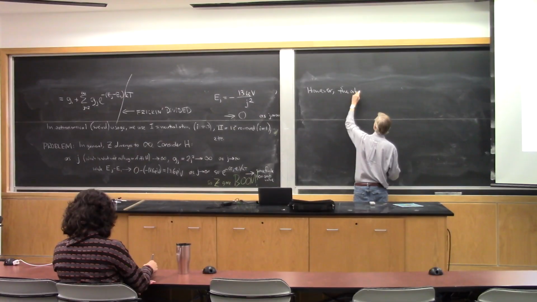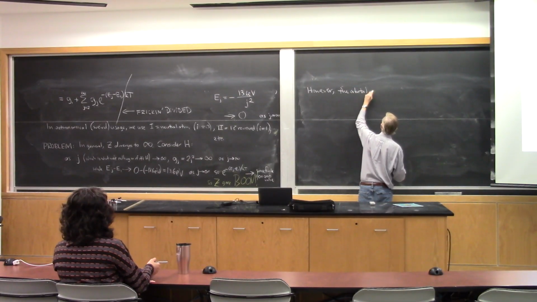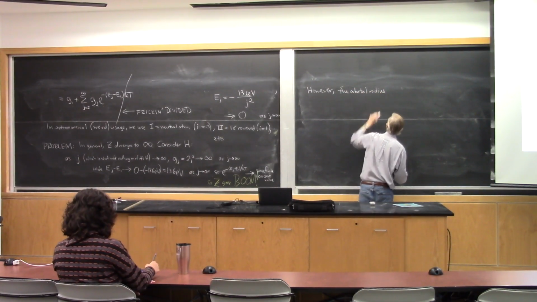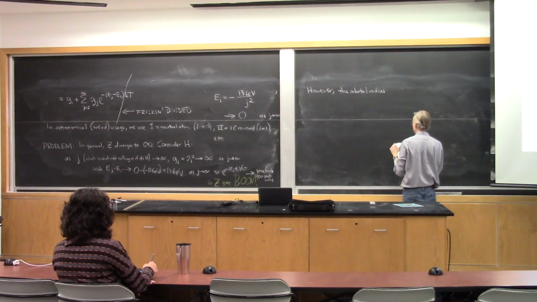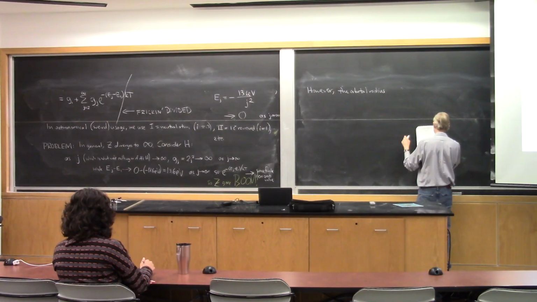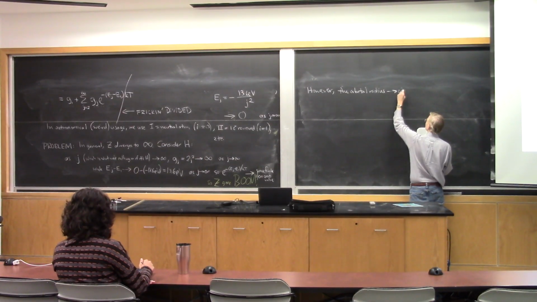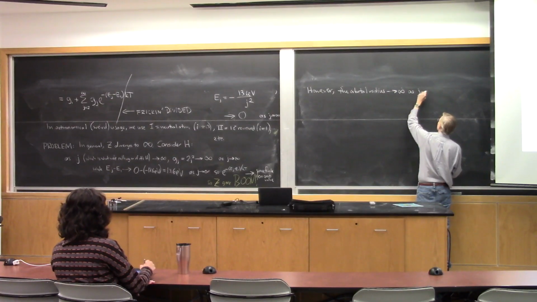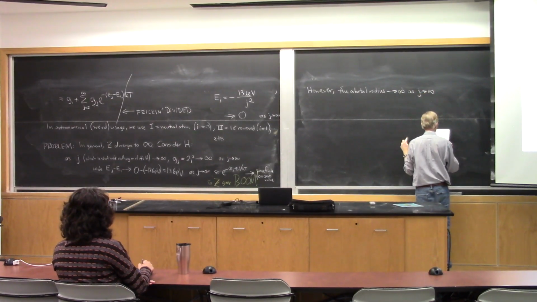So, however, to make this all official, the orbital radius, which really would be the orbital radius in the Bohr model and the Schrodinger model, it's okay, some expectation value, I'll just leave it at that, approaches infinity as J approaches infinity.